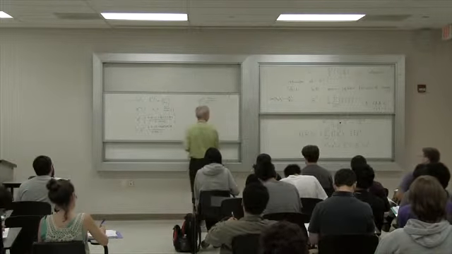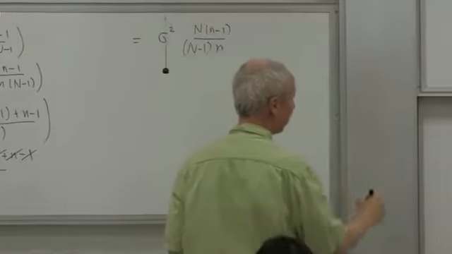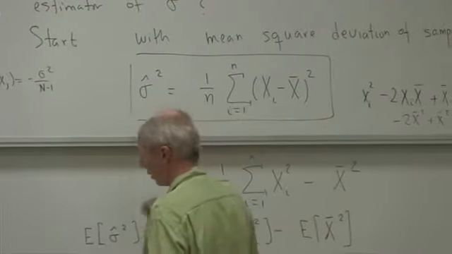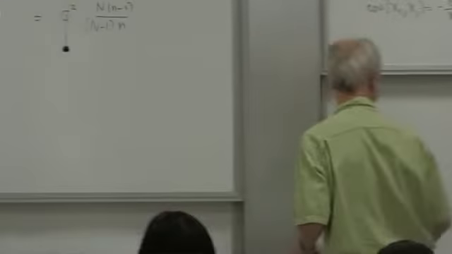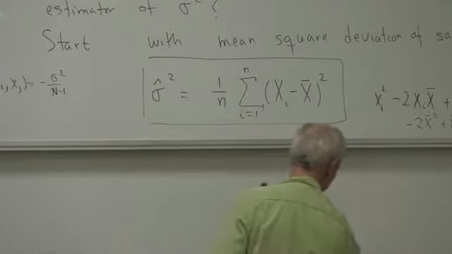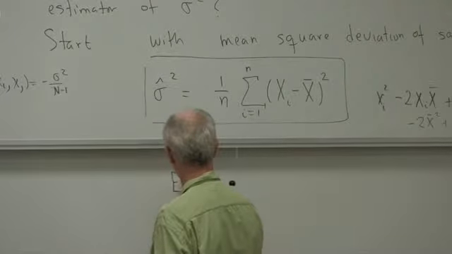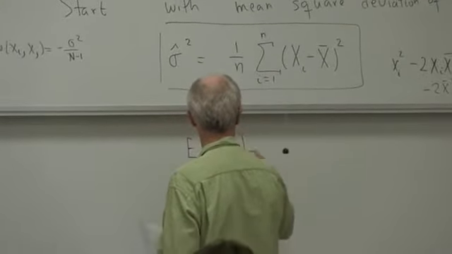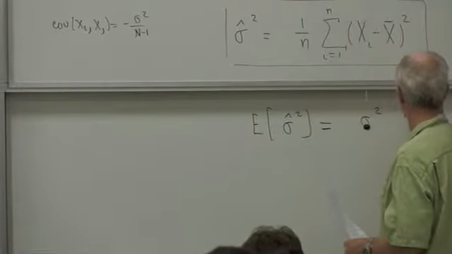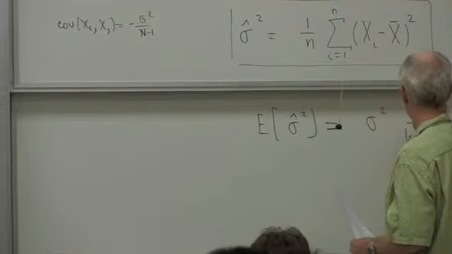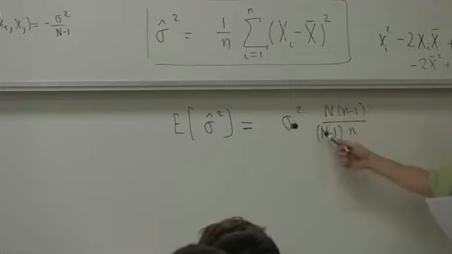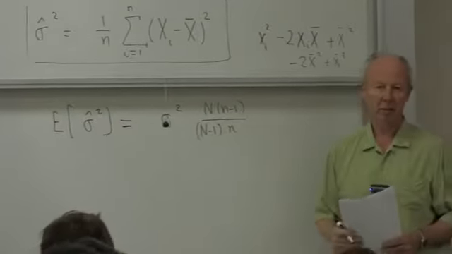So that means if we define sigma hat squared this way, its expected value is... Now this number is almost 1 if the population size is big and the sample size is big.